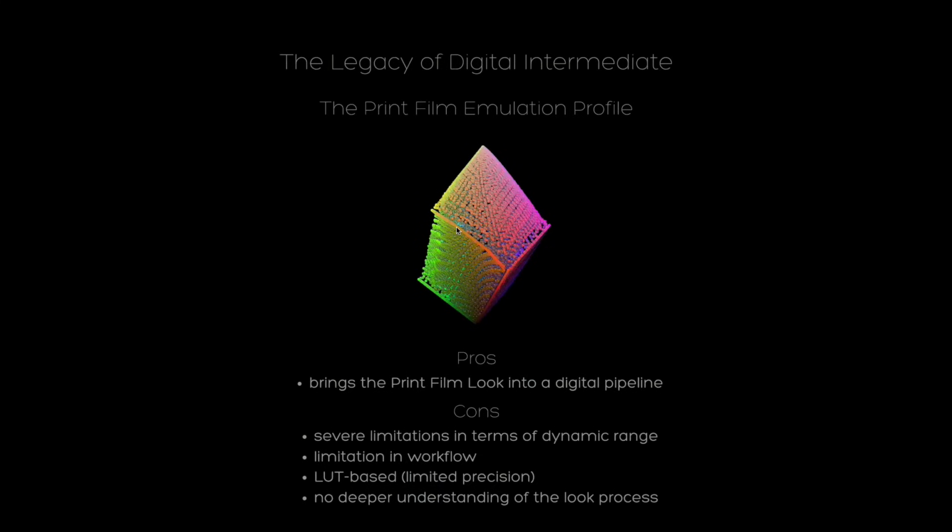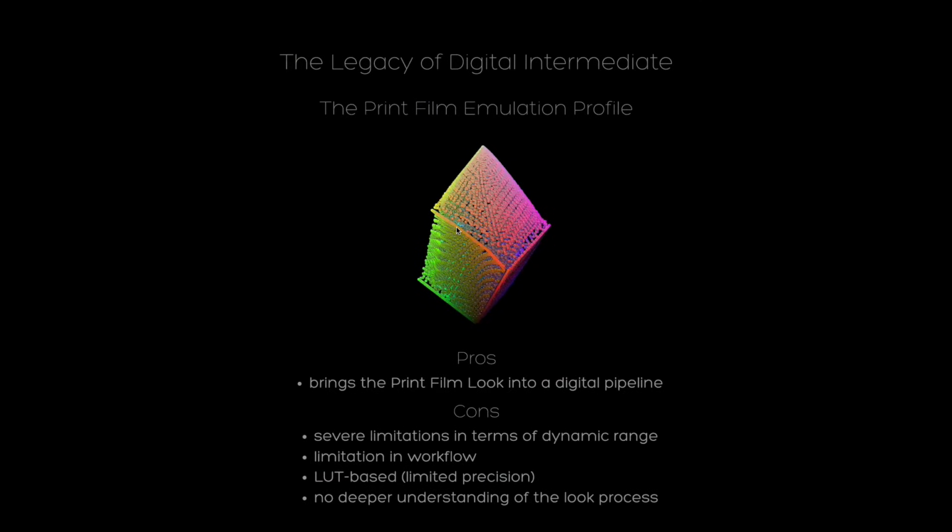Well, from the DI times, we would characterize print film, because it embodied most of the film look. For this, we created print film emulation profiles, which then turned into print film emulation lookup tables. And nowadays, everyone has a secret print LUT in their pocket, which they want to use for their next grading because it makes the image look good in terms of aesthetics.